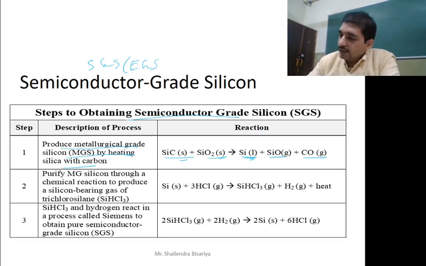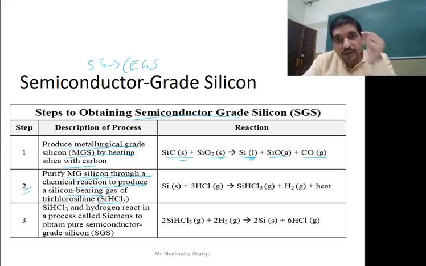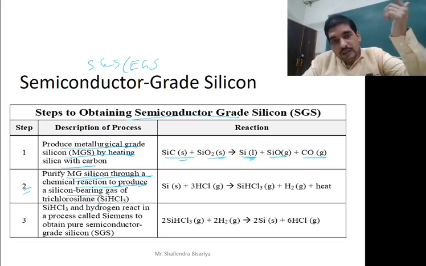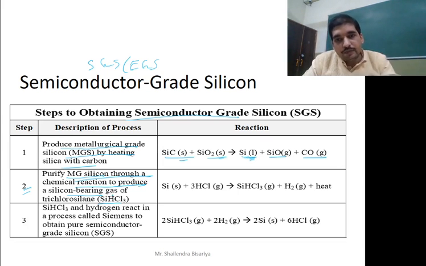The second step, you can read it here: purify metallurgical grade silicon through a chemical reaction to produce a silicon bearing gas, SiHCl3. First we react with a gas at a high temperature, and then we slow down the temperature for the purpose of fractional distillation, and the heat will be taken away with some impurities.